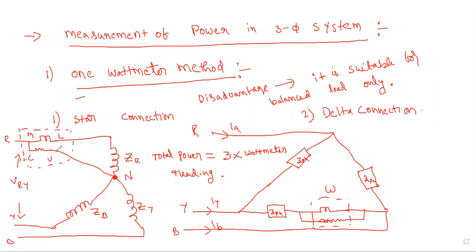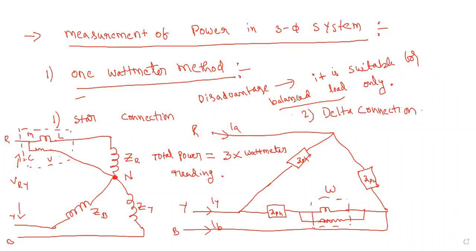After that, the total power equals 3 times the wattmeter reading. It will give the total power consumed by either the star or delta connection. But this method is only suitable for balanced load conditions.